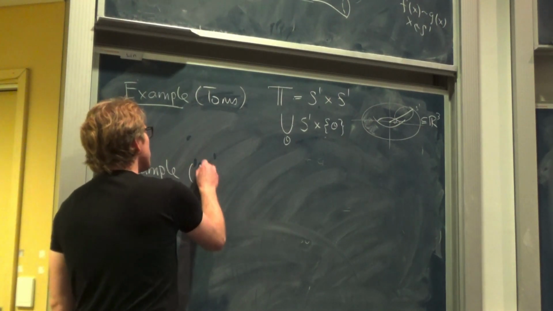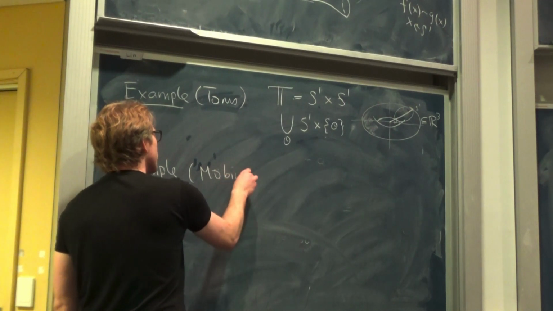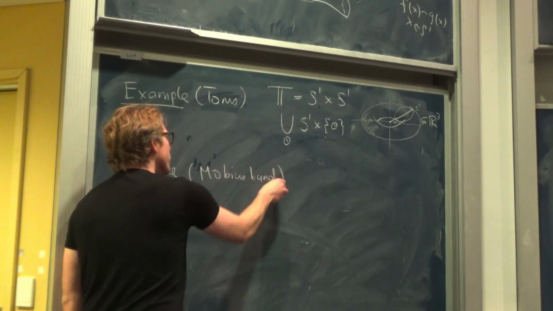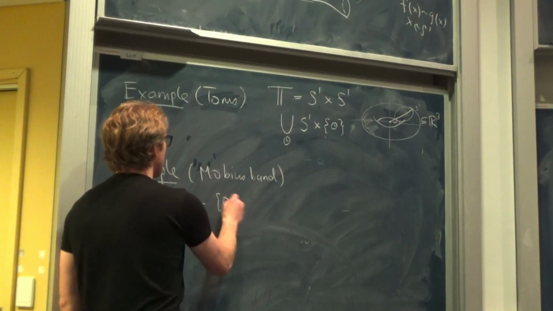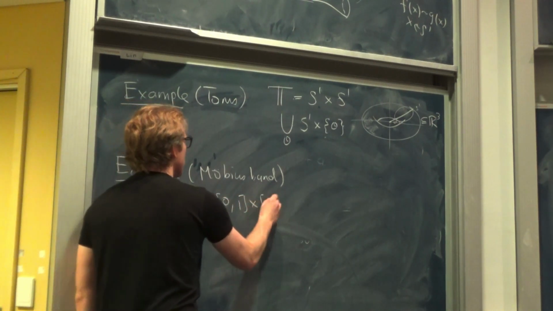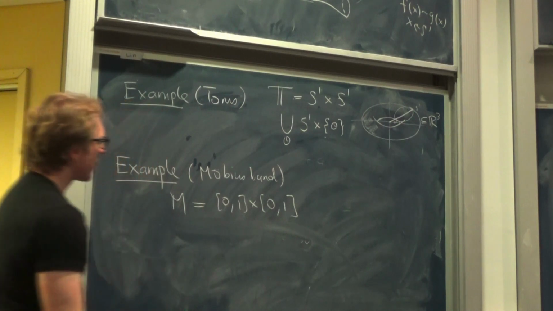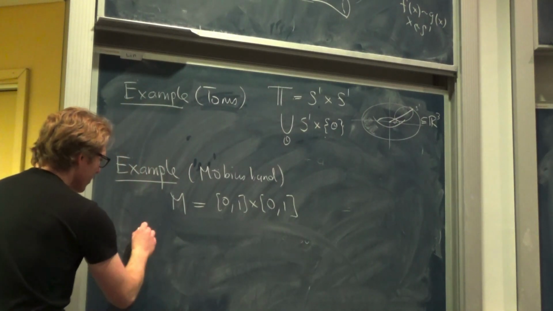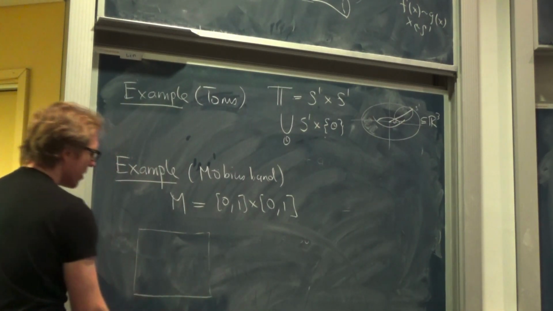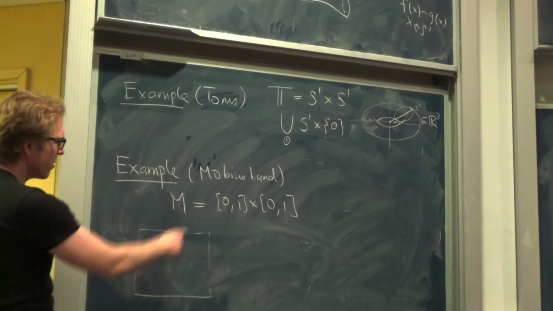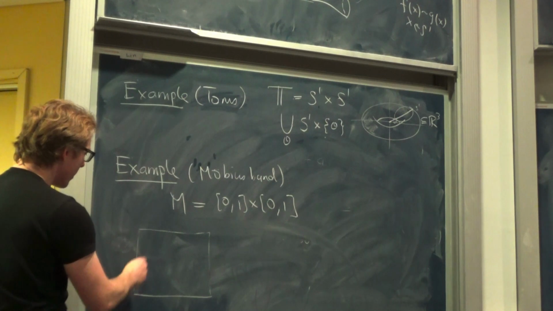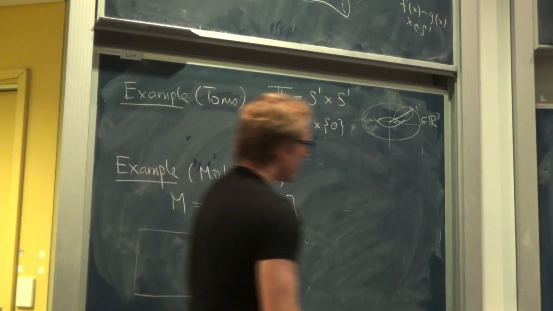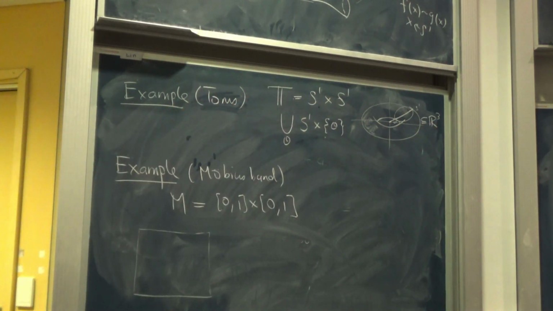Okay, so example. I think you've all seen this at some point. So this is sort of easy to describe informally, right? So take [0,1] cross [0,1]. Think about that sitting in the plane. And then I'm going to glue two of the opposing edges together.